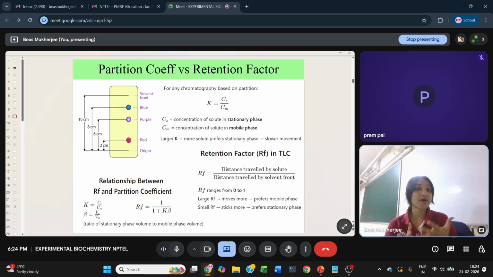So what is partition coefficient? Partition coefficient is the concentration of the analyte that got distributed between the stationary and the mobile phase. So it is the concentration of the solute in the stationary phase divided by the concentration of the solute in the mobile phase. That is called the partition coefficient.